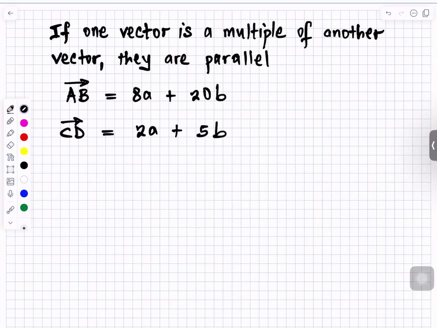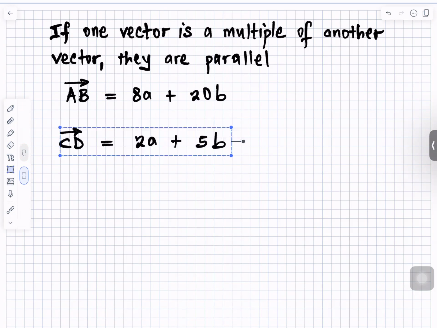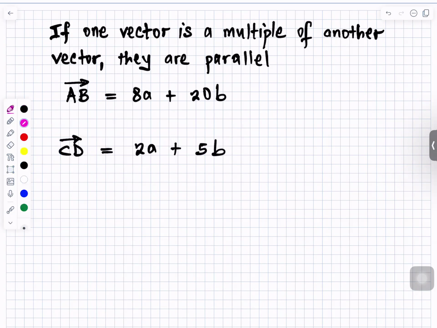Now, if we look at those 2 vectors, 8 is the same as 4 times 2. 8 is the same as 2 times 4 or 4 times 2. So we can put 2 times 4 for 8. And 20 is the same as 5 times 4.